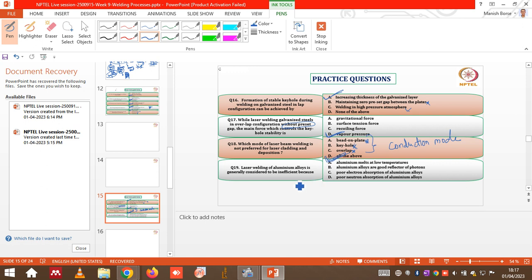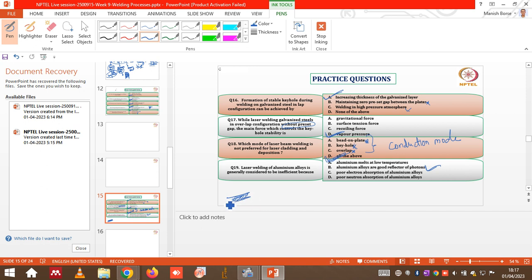And for the 19th question, laser welding of aluminum alloys is generally considered to be inefficient because of. Again, as I said, aluminum alloys are good reflectors of photons. The laser medium is a collimated beam of photons, right?